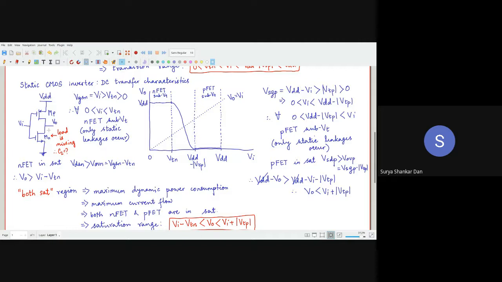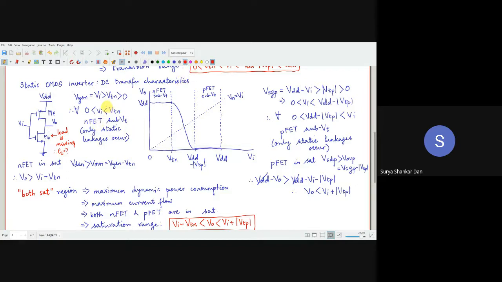But we never asked why, when the static CMOS inverter is just one of the simplest circuits in digital VLSI, we bother so much about it. Because even the most complicated ones can be converted into an equivalent inverter, and the analysis goes on accordingly. Got it? Awesome.